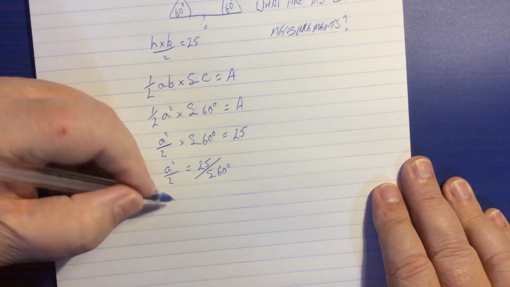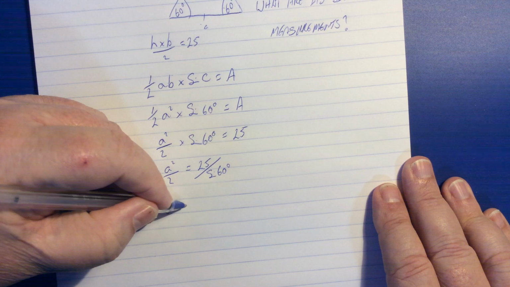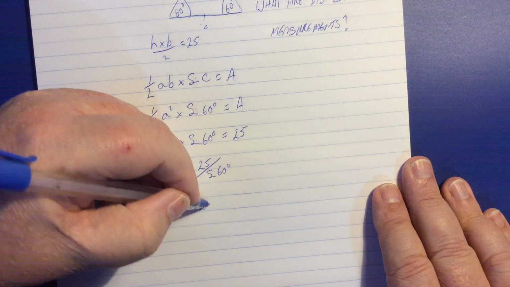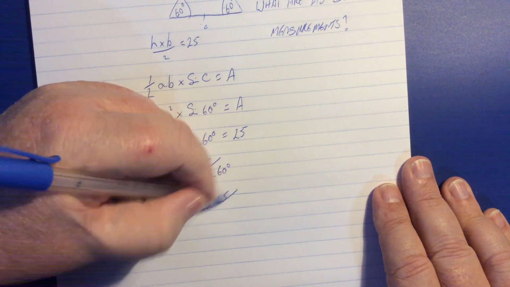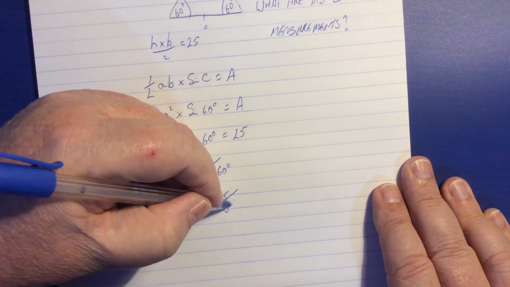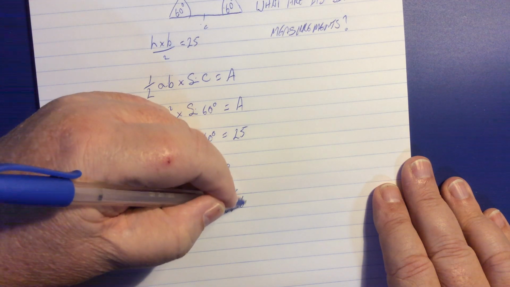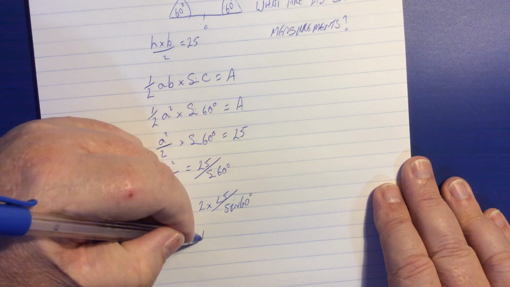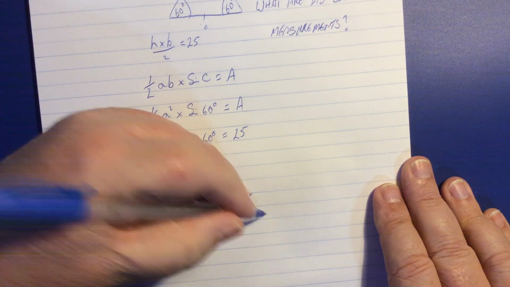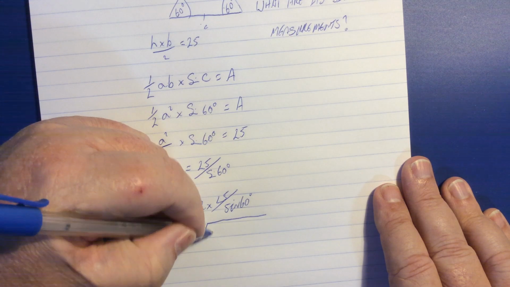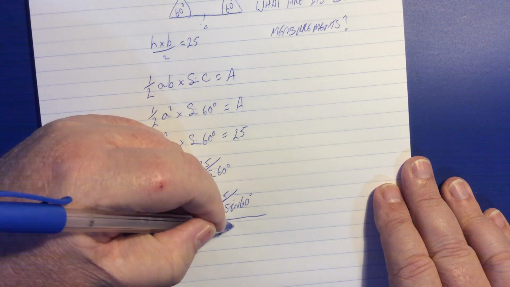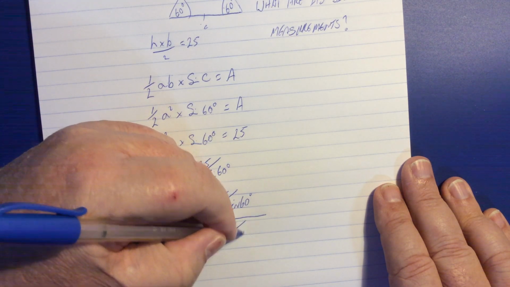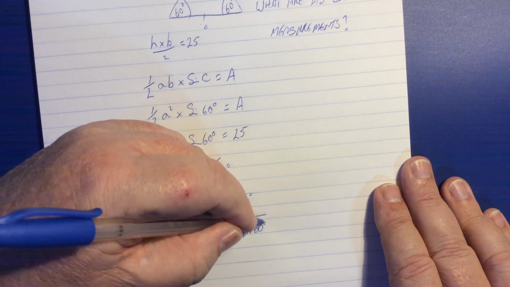Keep moving down the page. A squared is equal to 2 times 25 over the sine of 60 degrees. A is going to equal the square root, it's going to be a positive number, of 2 times 25 over the sine of 60 degrees.